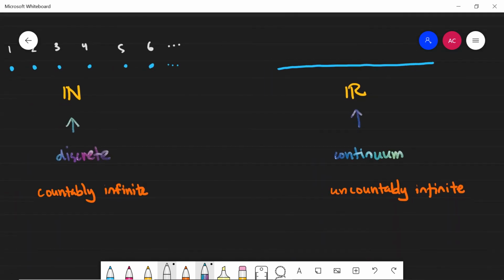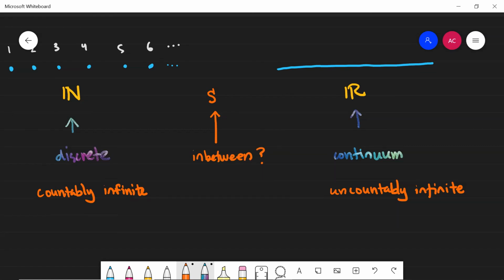Now we know what it means for R to be uncountably infinite, because you can find a bijection from R to the interval 0, 1, and we know what it means to be countably infinite. One thing mathematicians have been interested in is the existence of some set S with a cardinality in between the naturals and the real numbers. Is there anything in between countably infinite and uncountably infinite?